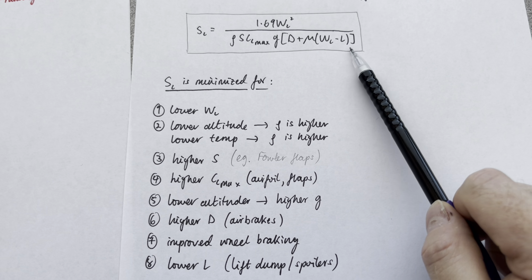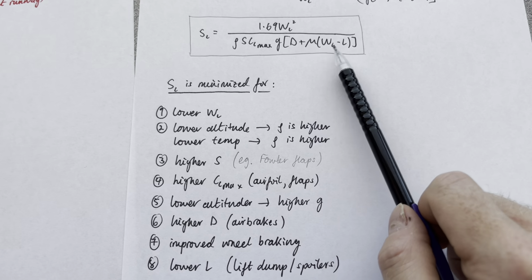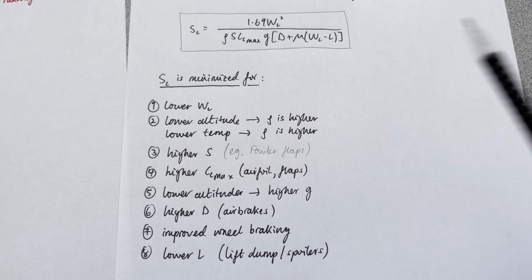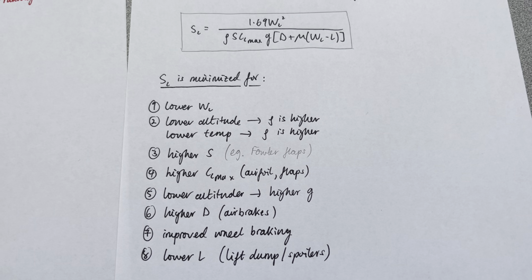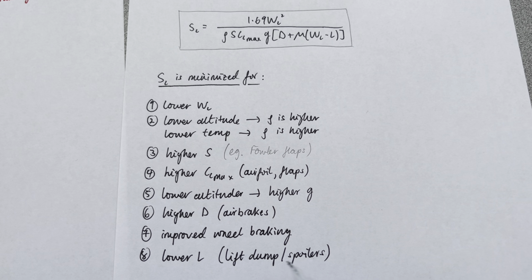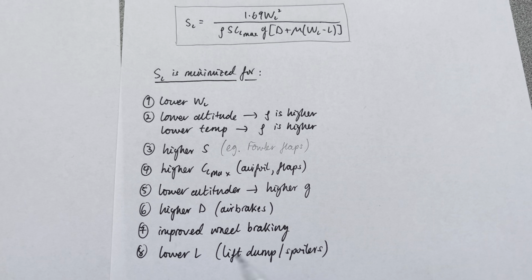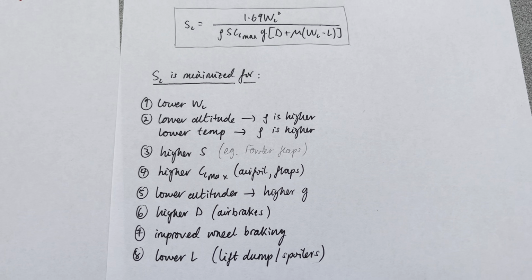And finally, because we have a negative term here, we need to lower the lift, right? And again, that's the reason why certain airplanes have what's called lift dump or spoilers, and what they do is basically deliberately spoil the lift, hence the name, right?